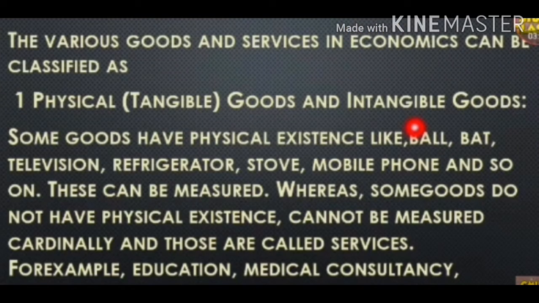Now, let us see the various goods and services in economics, which can be classified as follows. First, physical or tangible goods and intangible goods. Some goods have physical existence like ball, bat, television and so on. These can be measured also, whereas some goods do not have any physical existence and cannot be measured, and those are called services. For example, education, medical consultancy, and so on.